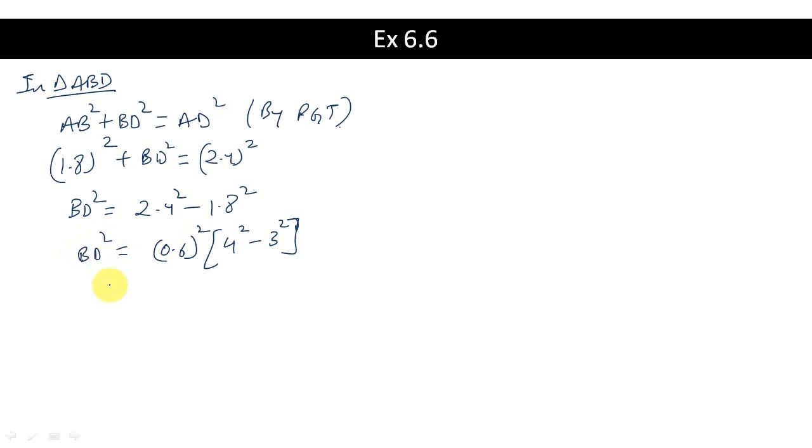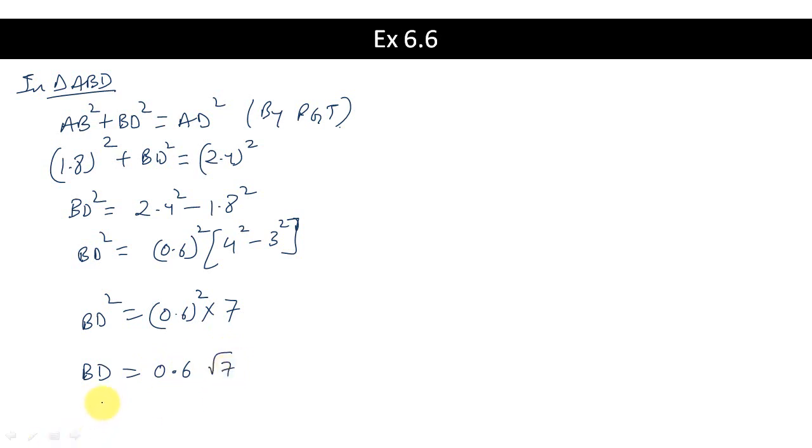So BD square will be 0.6 square times 4 square is 16, 16 minus 9 is 7. So BD will be 0.6 root 7.